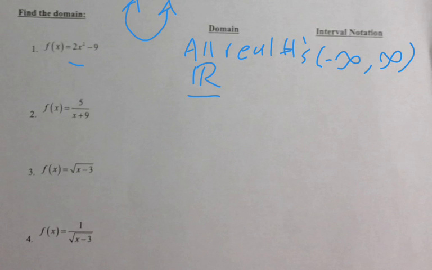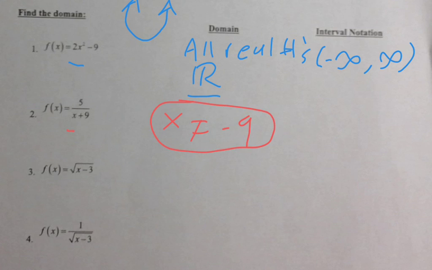So now looking at question 2, 5 over x plus 9, remember we're looking at what x can't be. Can't in big bold letters. So we know that x cannot equal negative 9, because if we plugged in negative 9 for x, the denominator would be 0, and that's undefined. So we know this is our domain.